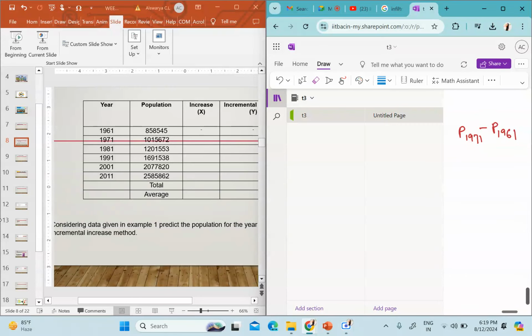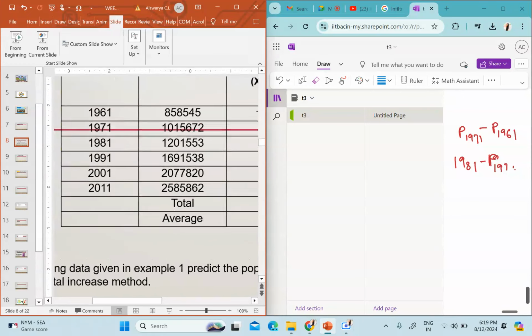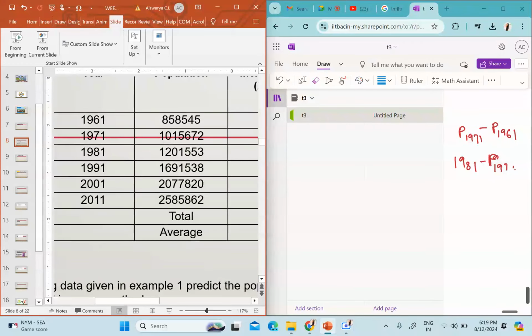After that, you calculate the population in 1981 minus the population in 1971. Is the screen visible now? Yes.